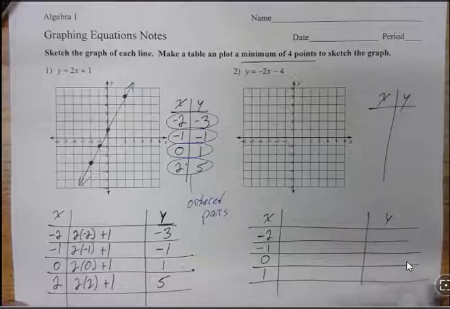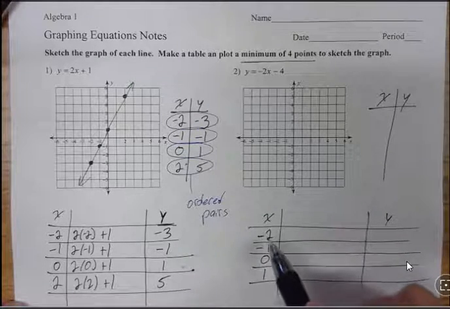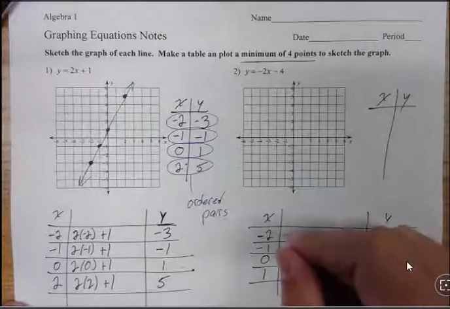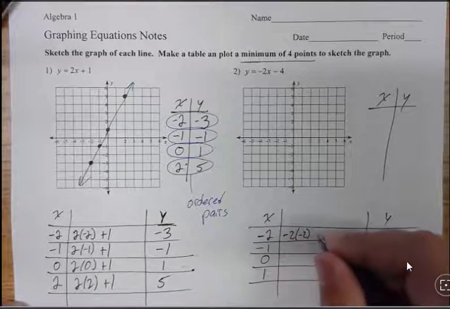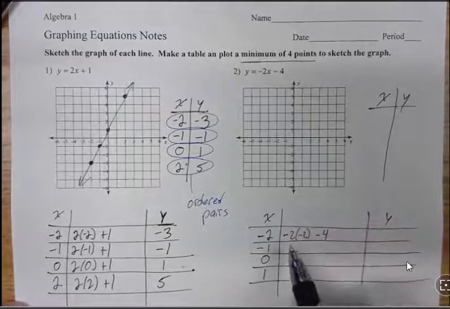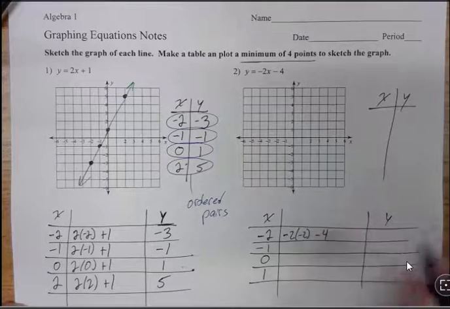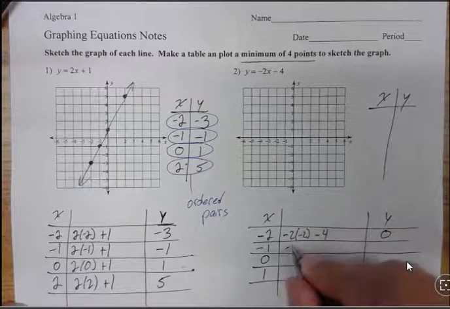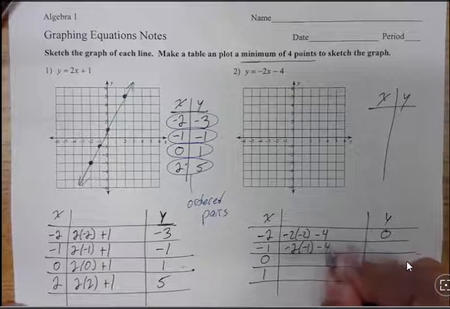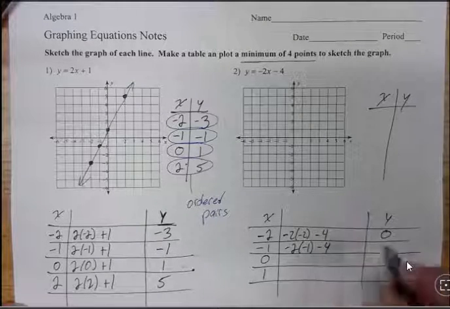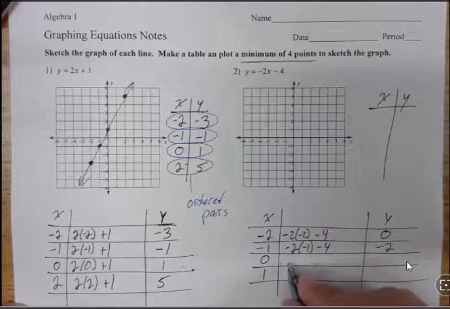Now if we substitute what we're choosing in for x, I'm going to choose -2 in for x. I plug it in, and I get -2 times -2 minus 4. A -2 times a -2 is a +4, and +4 minus 4 is 0. I have -2 times -1 minus 4. That's a +2, minus 4 is -2.